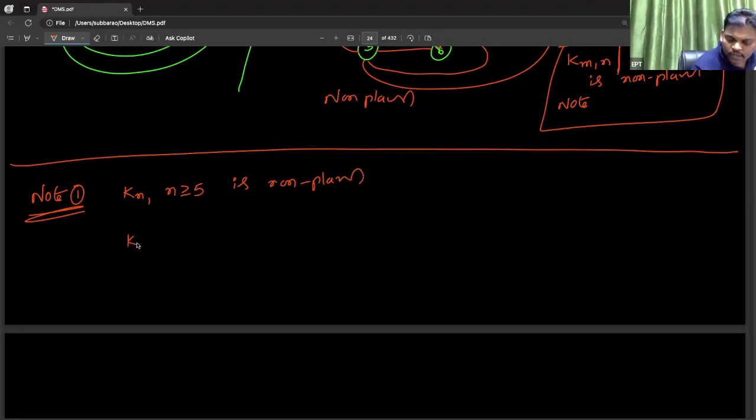Next one, K(m,n) such that m, n is greater than or equal to 3 is also non-planar. So note 2.